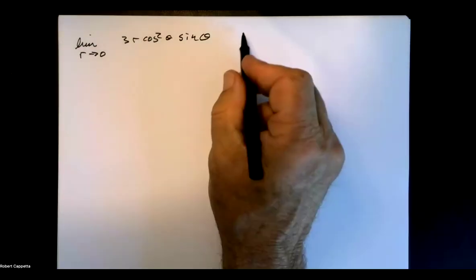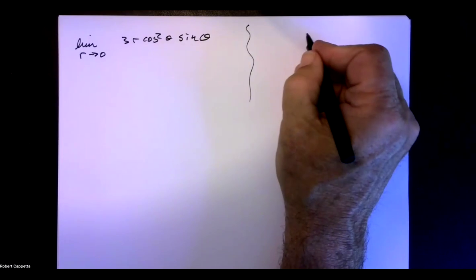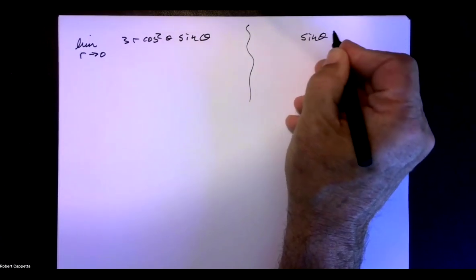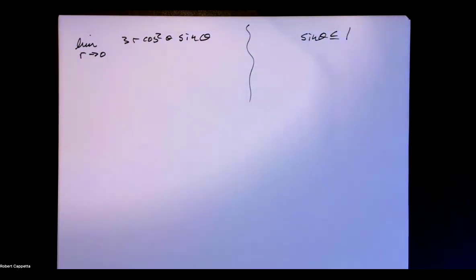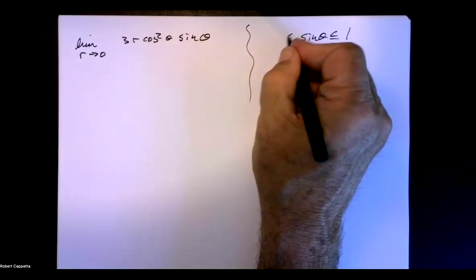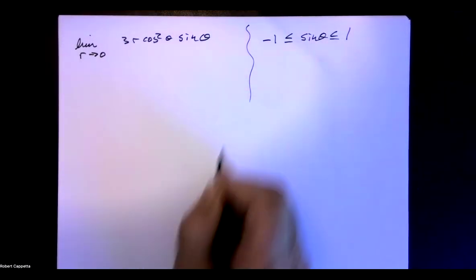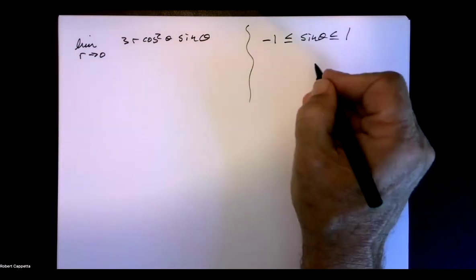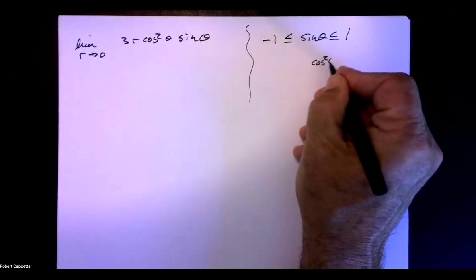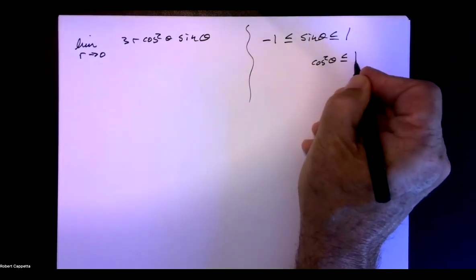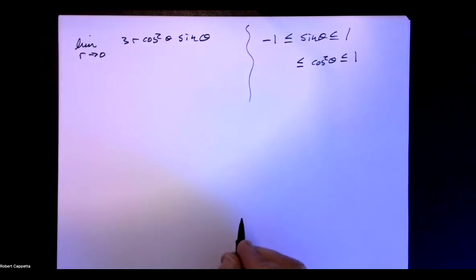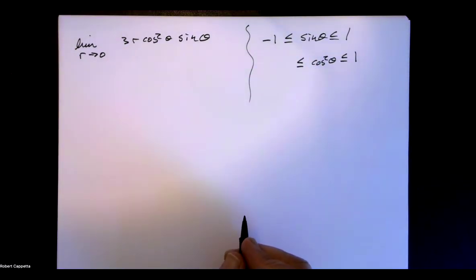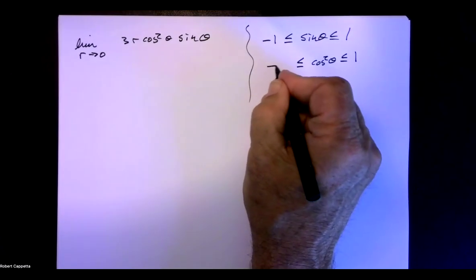So here we are, and what do we know? We know sine theta is always less than or equal to 1 and greater than or equal to -1. That's going to be important. Now, cosine squared theta is also less than or equal to 1. It's greater than or equal to 0, but it's not going to hurt me to say that it's greater than or equal to -1.